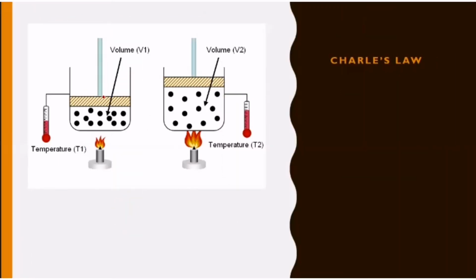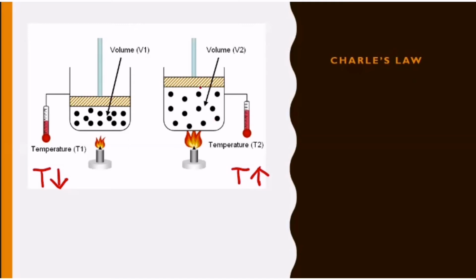If you look at both diagrams, we can see clearly the second diagram, the fire is bigger compared to the first diagram. So, it indicates that this diagram has higher temperature while this diagram has lower temperature.